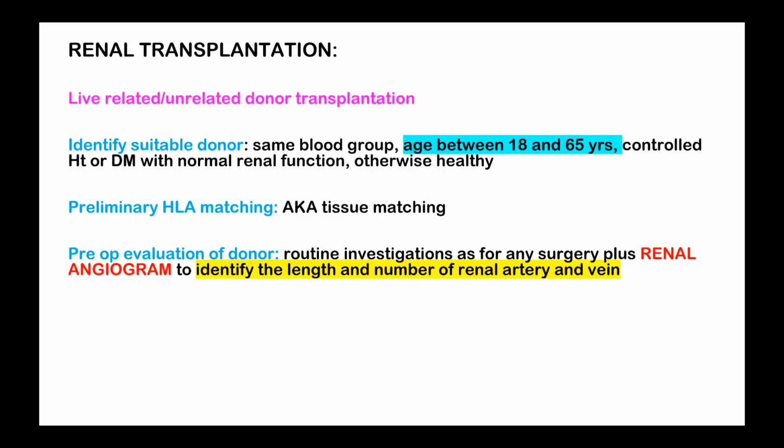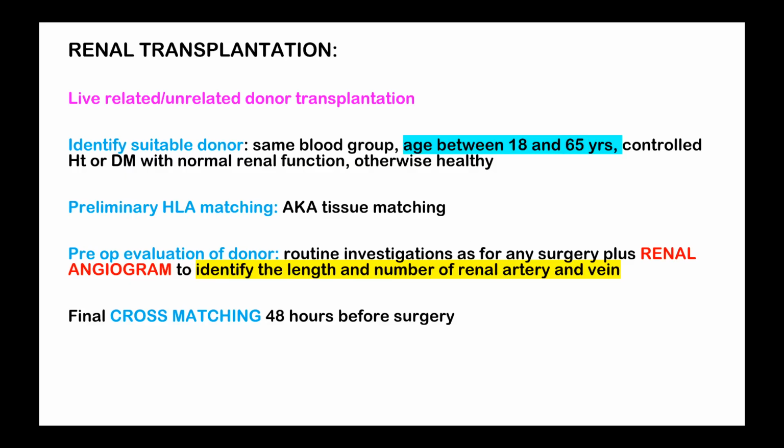And then, 48 hours before surgery, you have to do what is called the final cross matching, which is supposed to come as negative. Just like your blood transfusion, you have to do the cross matching. It is again done by a blood test, and that has to come as negative or a minimum of 20% positivity.